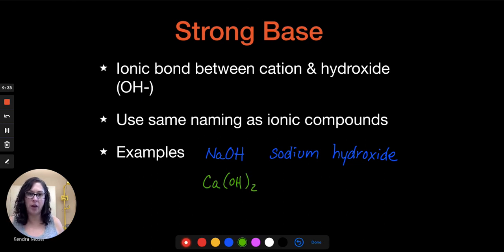We use the same way of doing that formula as we did for ionic compounds. And so that one's going to be calcium hydroxide. Okay. Every single one of these is just going to be a metal hydroxide. And those are usually pretty easy, and then like I said, we've already encountered that with our ionic compound names.